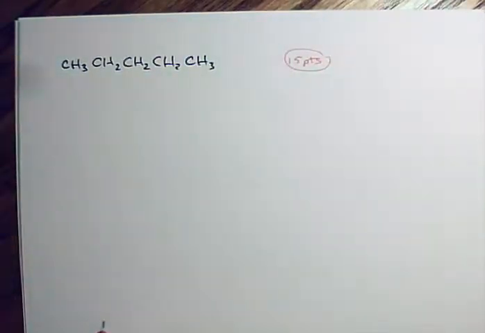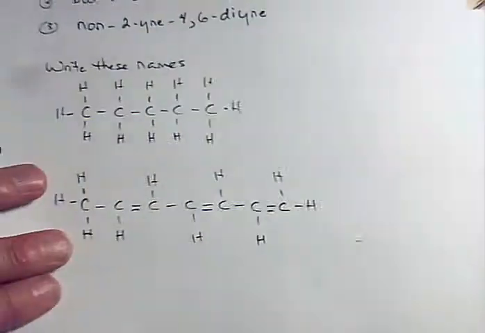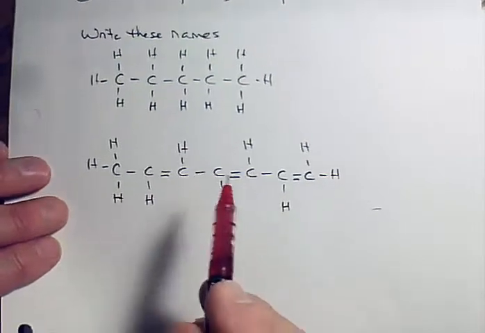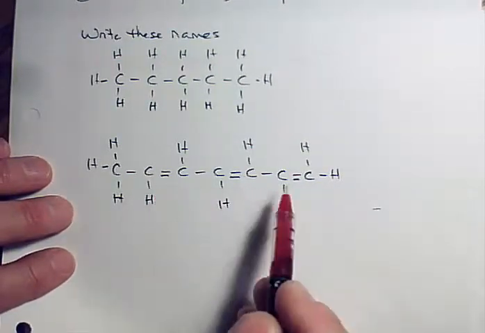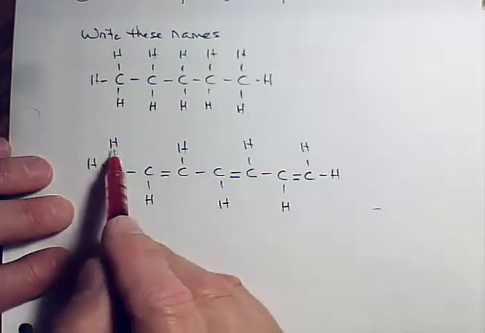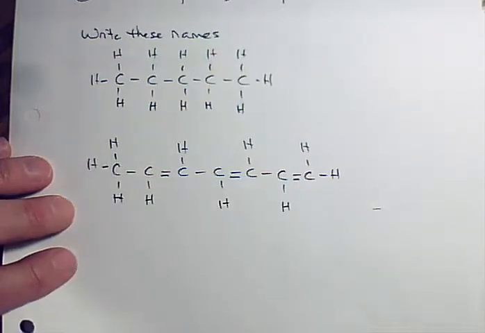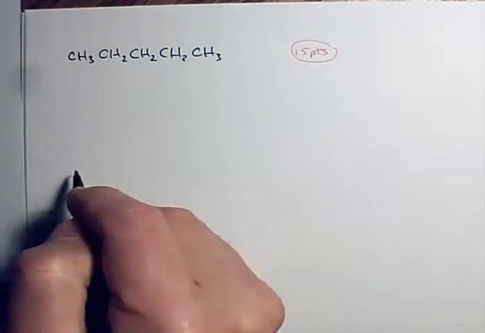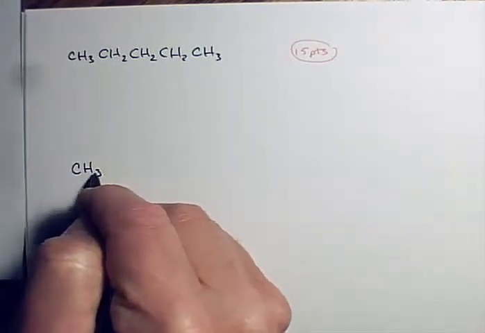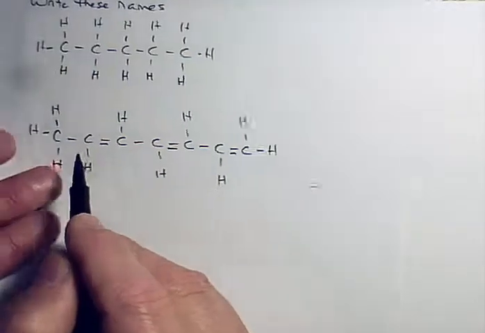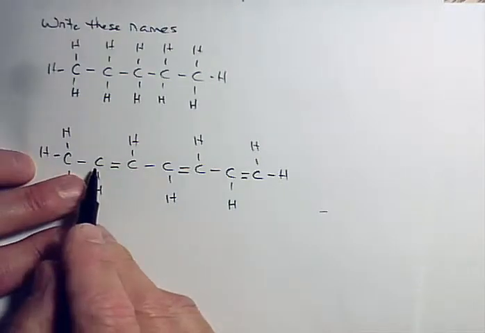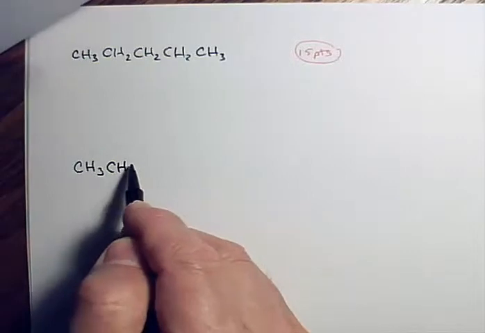Okay, now the next one then is, let's see, this one here. I don't know if we named this one, but anyway, this is what we're going to do. So the first grouping is CH3. Then I've got CH here. There's a double bond between this CH and the next one.